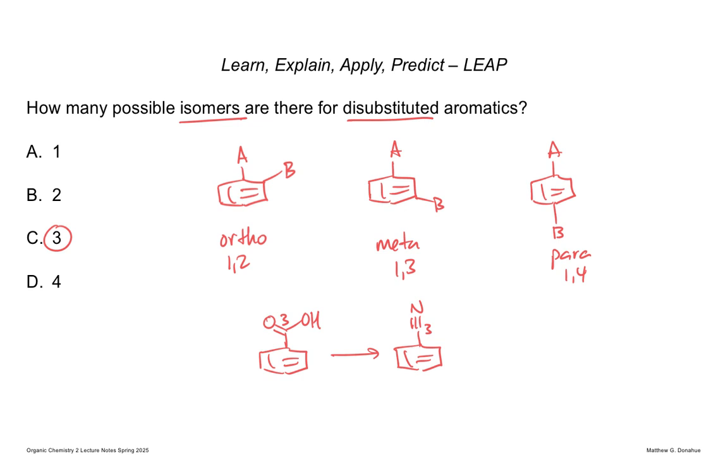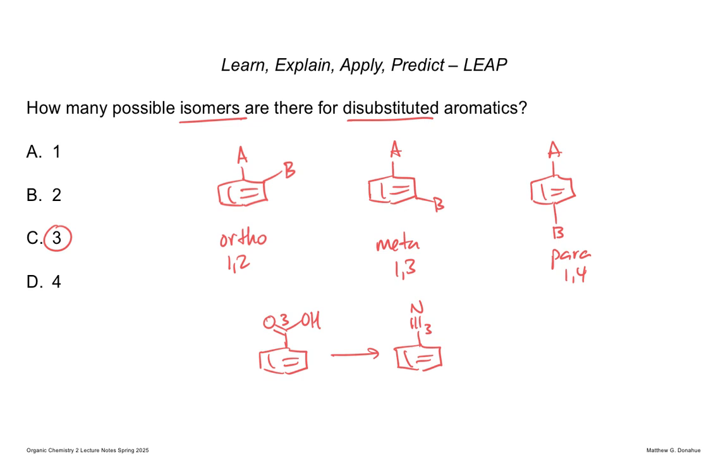And eventually where we're going with this is how does the first substituent control where you put the second? Once you have a di-substituted ring, where's the third one going to go? And that gets complicated because you have to look at what the directing group abilities of each of these are.